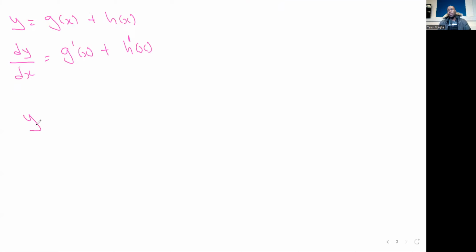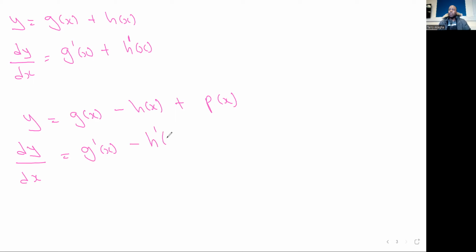If, for instance, you have subtraction, it's going to be exactly the same thing. Okay, so if you have something like this, you differentiate this separately to be g prime x minus, differentiate this separately, h prime x, plus, you differentiate this separately, p prime x. So you just differentiate, applying all the rules we've talked about for each of them, and you just solve it, okay?